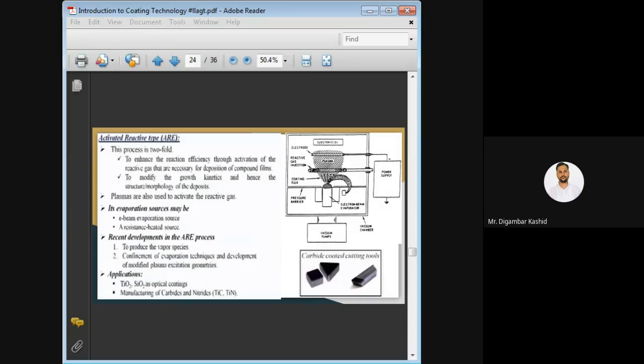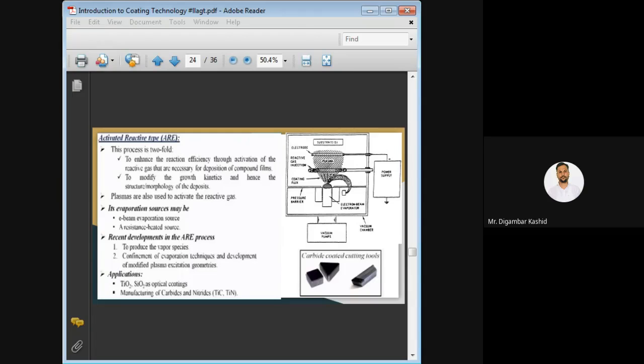Next is the activated reactive type, in short called ARE. In this process, which is twofold, it is generally divided into two steps to enhance the reaction efficiency through the activation of the reactive gas that is necessary for deposition of the compound film.